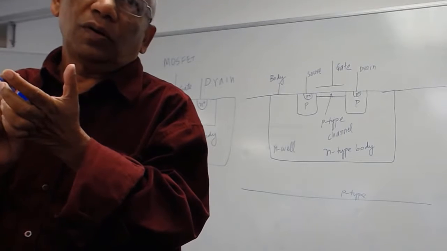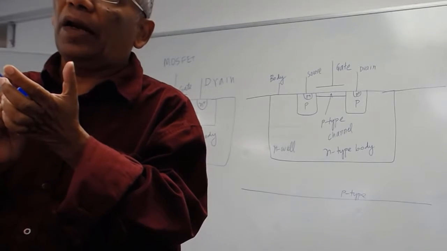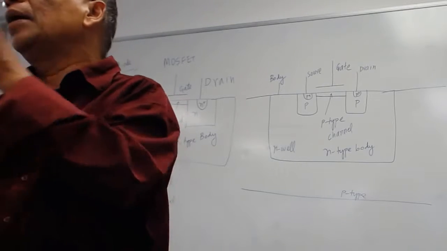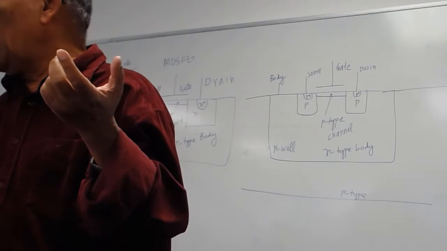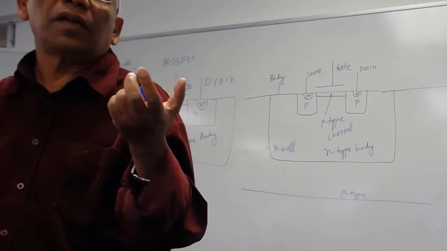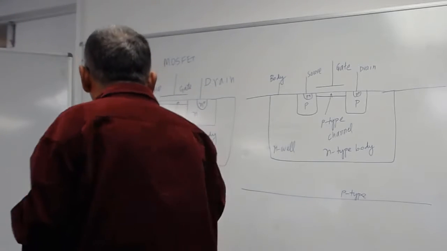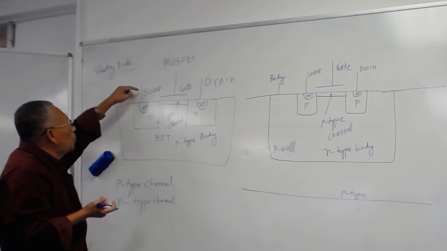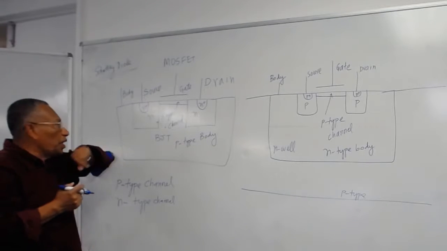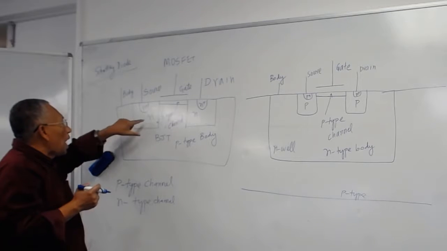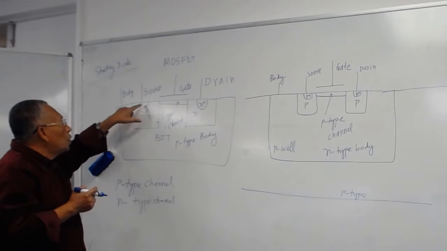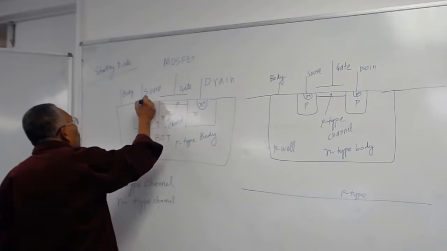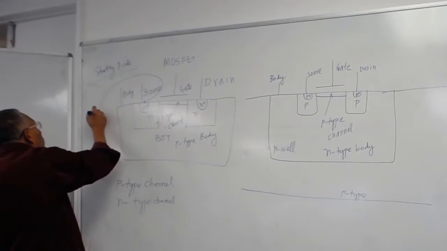No. What you want is a contact where it is not rectifying. That means the current can go either way without any resistance. That's the kind of contact you want. So you have no intention to make a diode here. What your intention is to make the current flow this way or the other way. So for that you have to make an N plus highly doped N diffusion here, so that it makes a contact which is called ohmic contact. This is called ohmic.